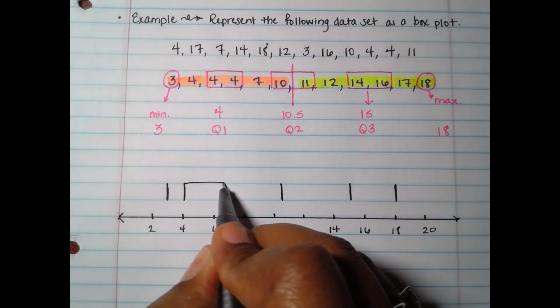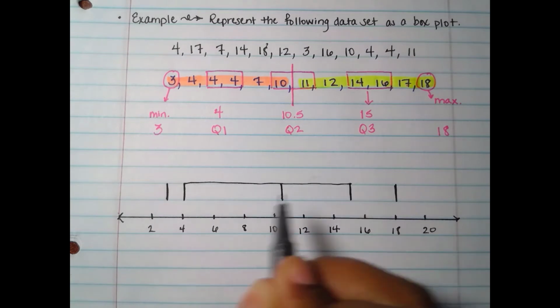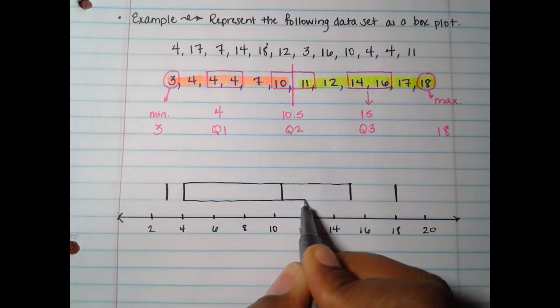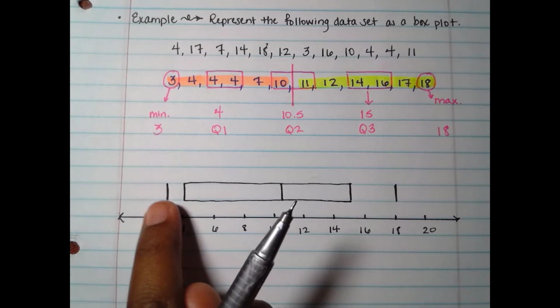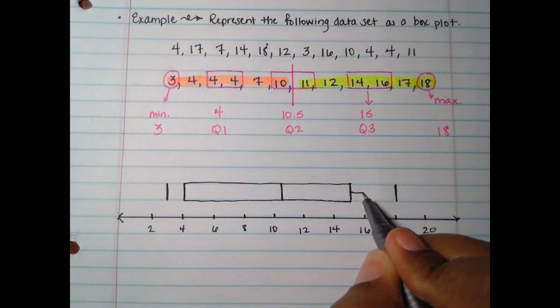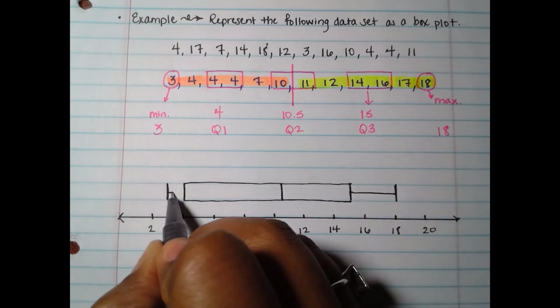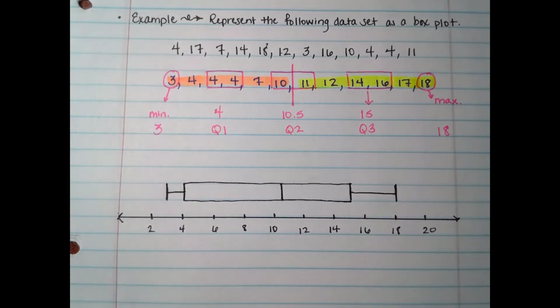And there's the box. Now we just have to connect the ends by drawing horizontal lines. And that will be our box plot.